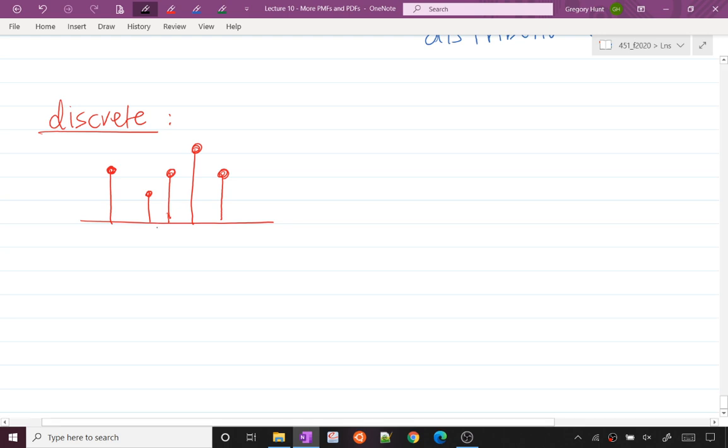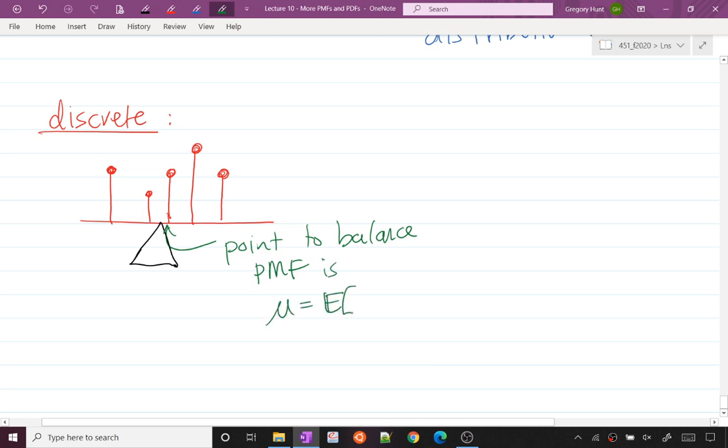If you were to put a fulcrum to balance them, the point to balance the PMF is the mean, mu, which is the expected value of x.